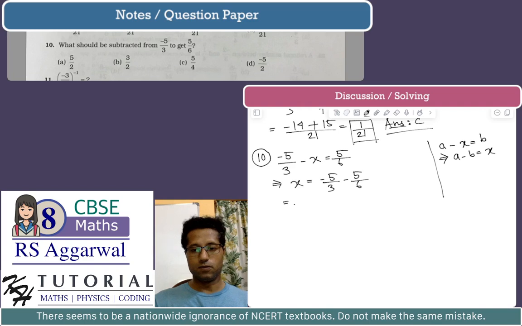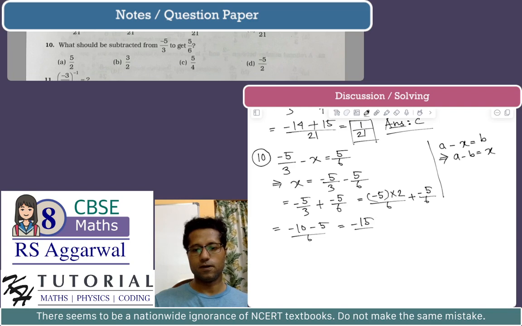Now this will be equal to minus 5 by 3 plus the additive inverse of 5 by 6, which is minus 5 by 6. Okay, so the LCM of 3 and 6 is 6. So this will be minus 5 into 2 by 6 plus minus 5 by 6. This is equal to minus 10 minus 5 by 6, which is equal to minus 15 by 6.